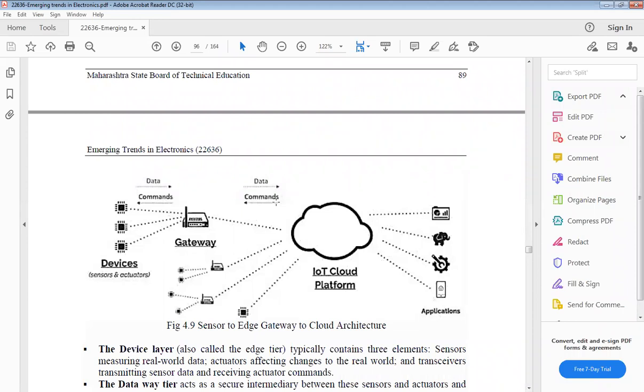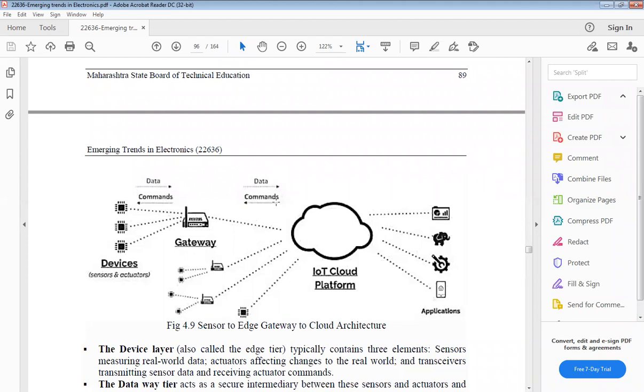That is also a good type of data routing. So in that data routing, what we have seen is that device to device communication can happen, device to gateway communication can happen, gateway to cloud communication can happen. Cloud means data servers or database, and between two databases communication can happen. Okay, but here in sensor, edge gateway and cloud architecture, sensor to edge gateway to cloud gateway, and then from cloud gateway to the application.